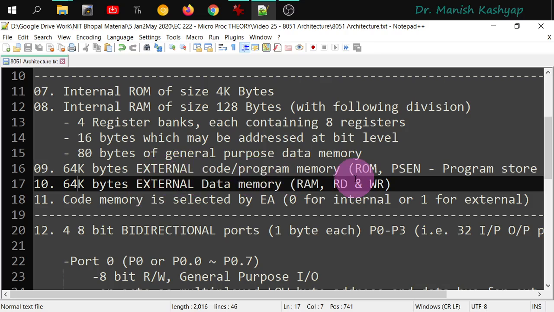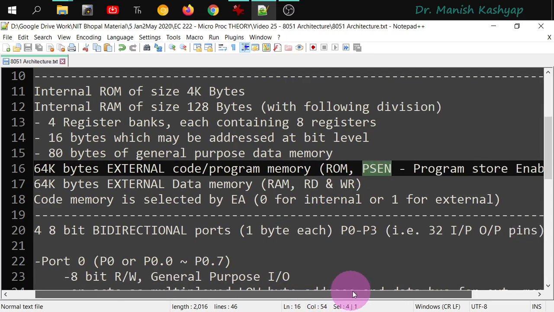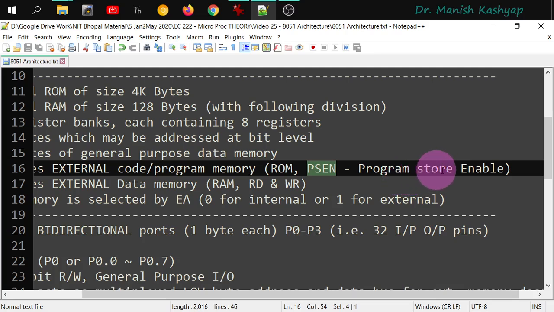And the important point to note here is that whenever we connected external memory with a microprocessor, as in the case of 8085 or 8086, we had read and write signals which come out of the microprocessor, and they were used to activate or deactivate that particular memory chip for reading or writing purposes. However, for code or program memory, that is ROM, these read and write signals will not be applicable. Here inside microcontrollers, we have a signal called PSEN, which is called program store enable.